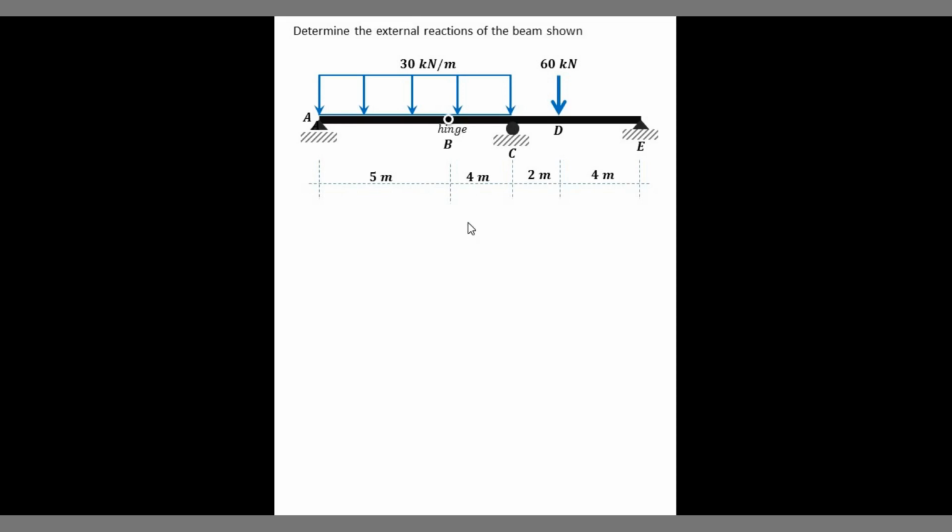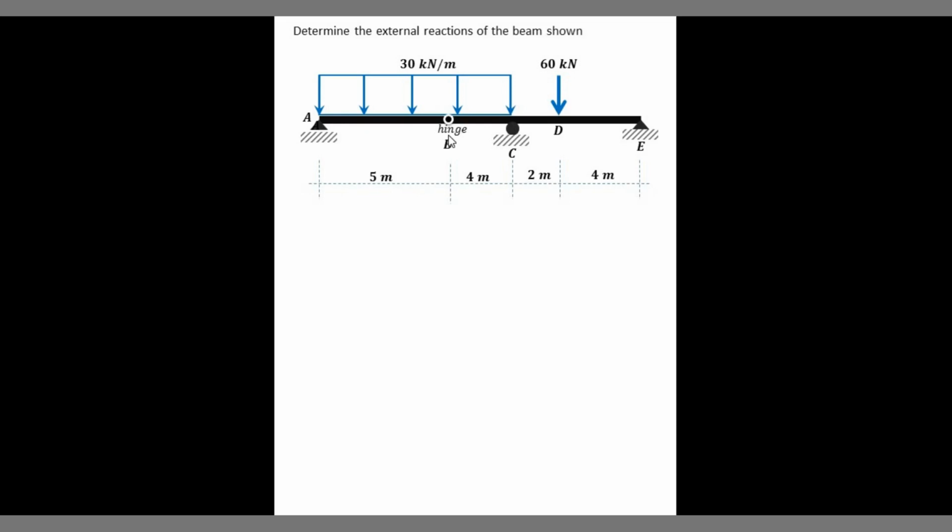So, the very first thing you have to do, since there is an internal hinge at point B, is this: if I remove that hinge, this beam becomes indeterminate. But since there is the inclusion of the internal hinge, the beam becomes determinate.